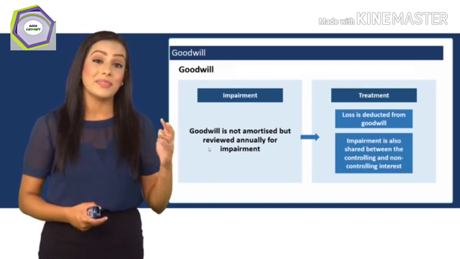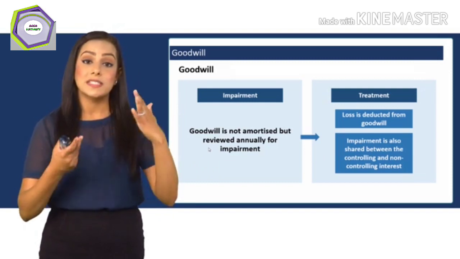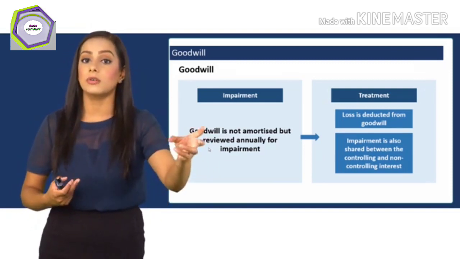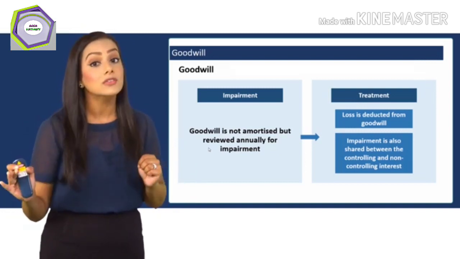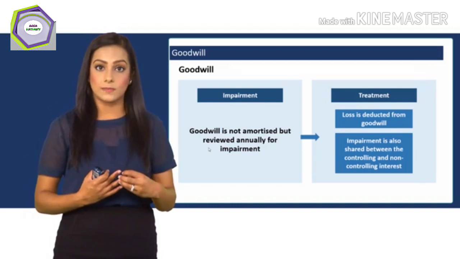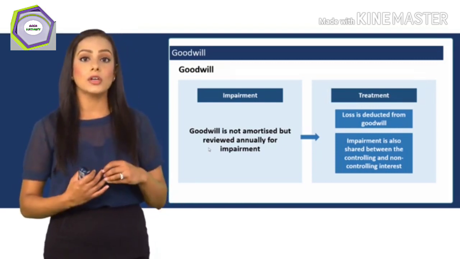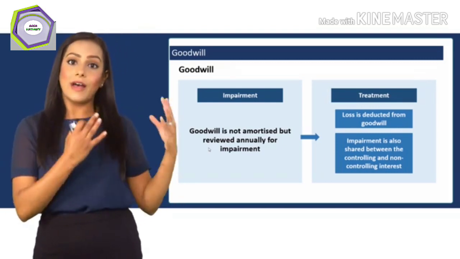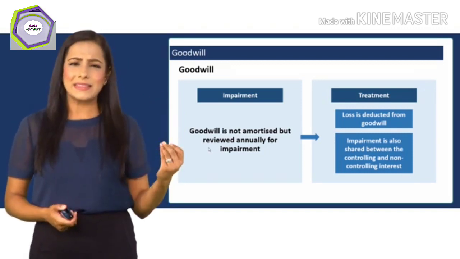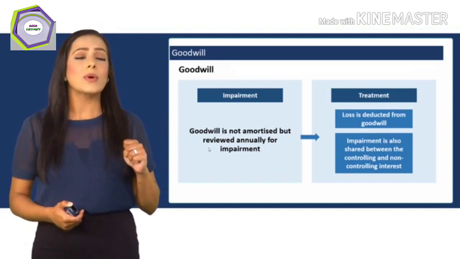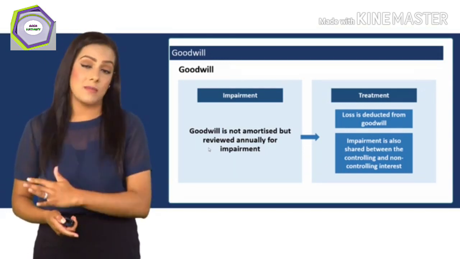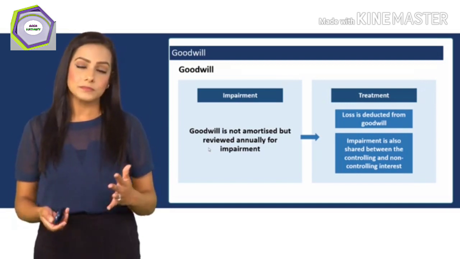But then the impairment that the subsidiary has suffered must be split between some of the impairment belonging to the NCI shareholders and some of the impairment belonging to the retained earnings, the parent shareholders. And an impairment incurs when the subsidiary's value is greater than the recoverable amount. And impairments are discussed in another video. But especially with goodwill impairment, we need to ensure that we split the impairment in the correct way.